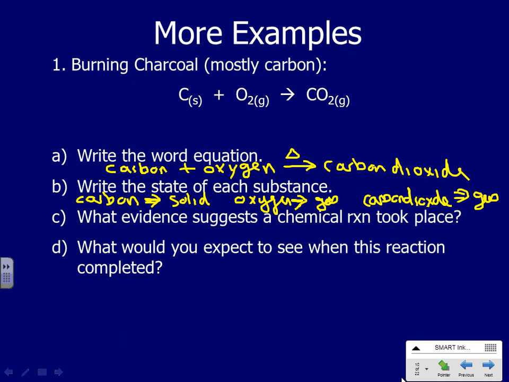Gas. All right. What evidence suggests a chemical reaction took place? What do you think, Shane? It's burning, so it's giving off heat, right? Probably giving off light. Yep. The carbon started off as a solid, and it's definitely not going to be that in the end.